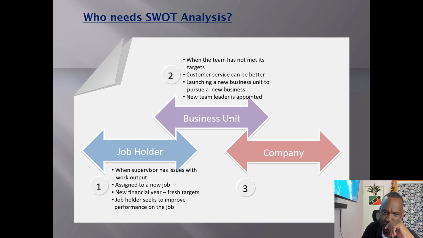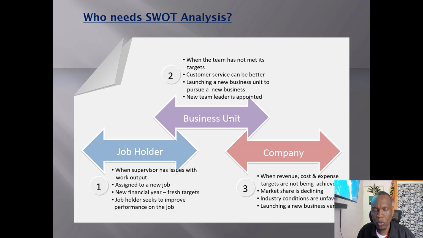And then companies can use it, again, to understand what's affecting, what's impacting their bottom line, what's impacting their revenue, their expenses, what's impacting their market share. So it gives a kind of macro view of where the company is in particular in an industry.